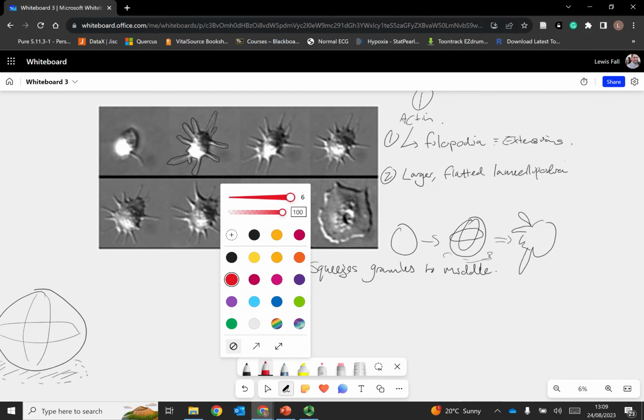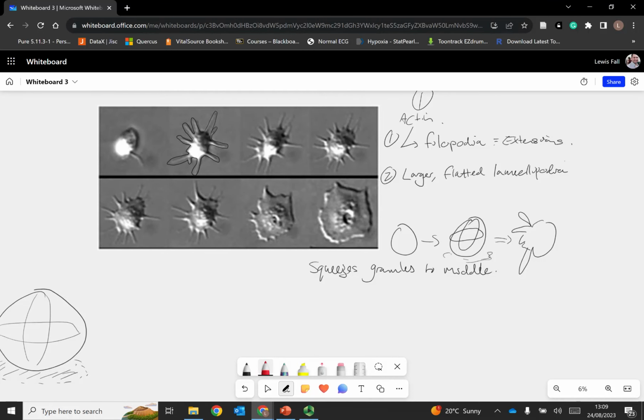Okay, so remember, we've got this increase in calcium, and what this calcium is going to do is cause the alpha granules and the dense granules to start to become released.